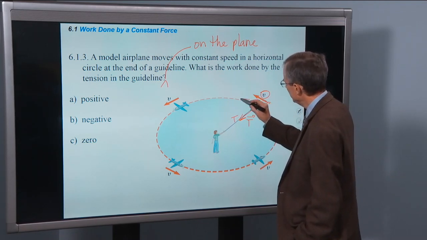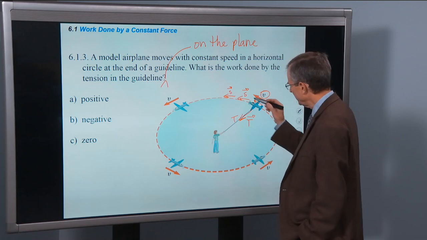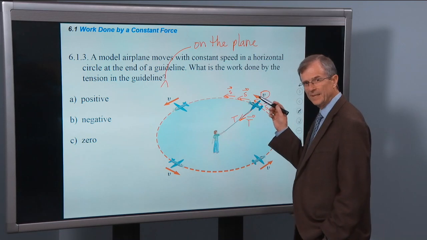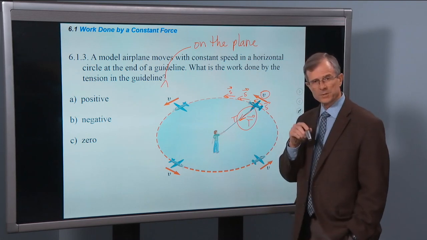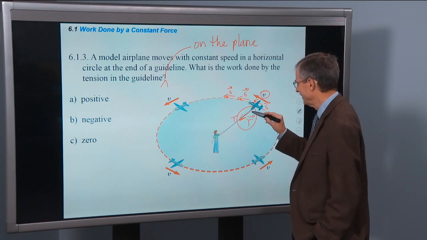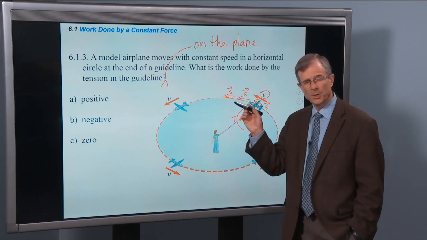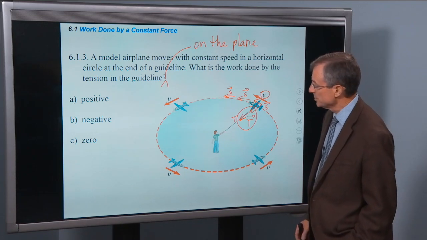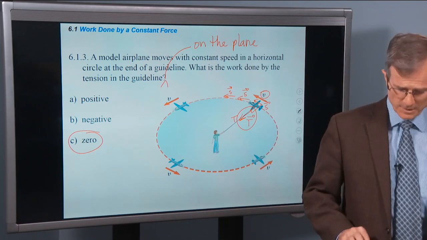It makes a displacement here, then a displacement here, then a displacement here, etc. It's making little individual displacements. But how do we compare the direction of that displacement, which is going around the outside of the circle, to the direction of the force that we're trying to calculate the work for? Well, they're perpendicular. That tension is perpendicular to the direction of motion, the displacement of the plane. So the work done by the tension in the string is 0.